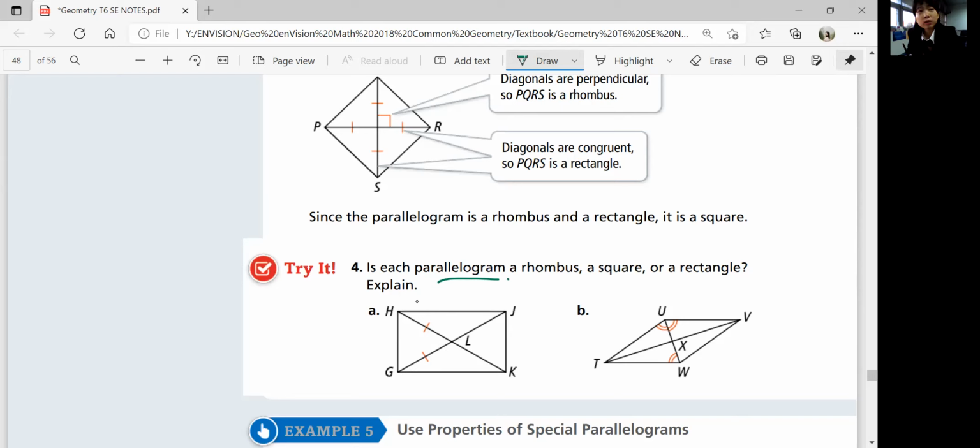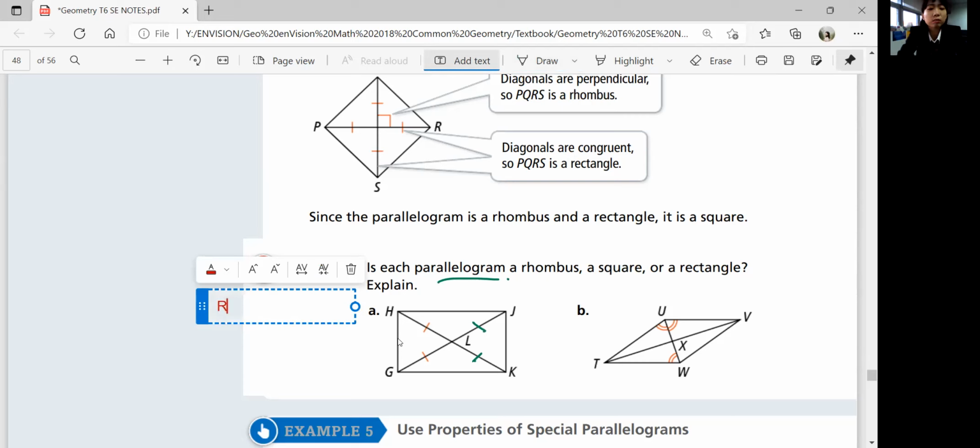So HL must also be equal to LK, and GL must also be equal to LJ. Since HL and GL are congruent, all these parts of the diagonals are congruent, so the diagonals are congruent, which means it's a rectangle. So part A, it's a rectangle.